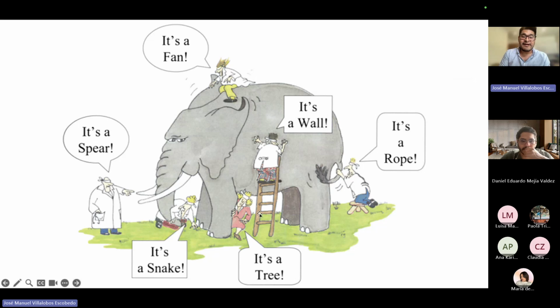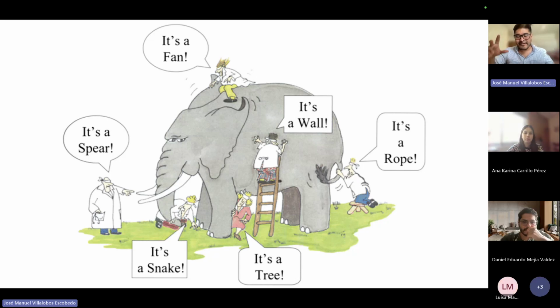That is a very nice example that I am showing here, and I don't know if you know about this. It's an Indian story about an elephant, a big elephant in the room, where many people are trying to know what it is without seeing it, just touching a small part of the elephant.